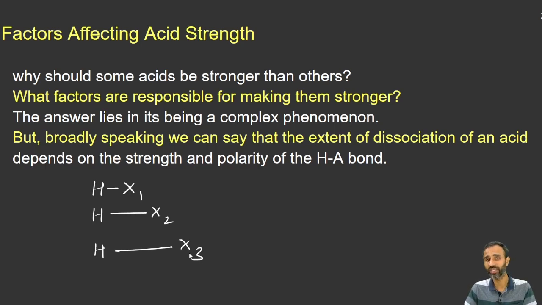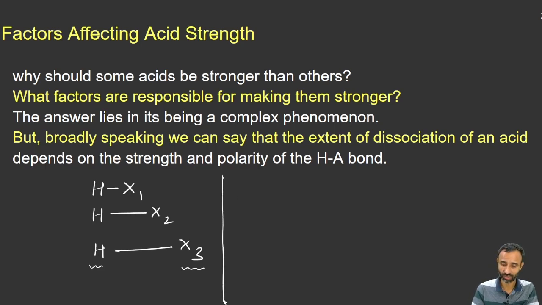Bond strength decreases. Obviously, as bond length increases, bond strength decreases, and if bond strength decreases, the bond becomes weak, and therefore it is easier to remove H plus. That means the weaker the bond strength, the weaker the bond, the stronger is the acid.